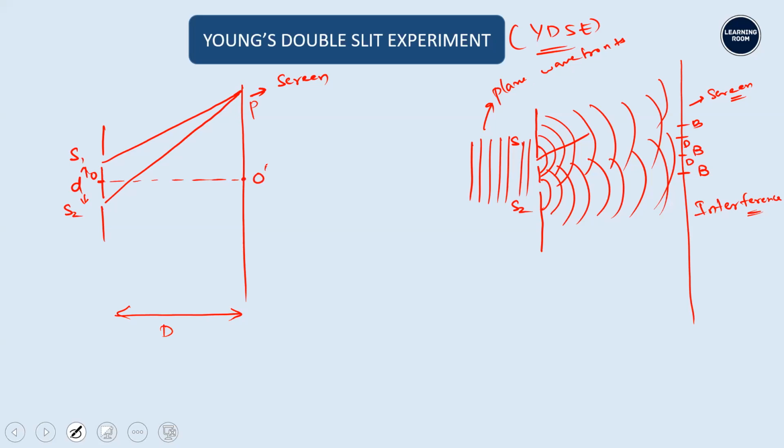The projection of O on the screen I'll call O dash. From this O dash, let's say this distance is Y.